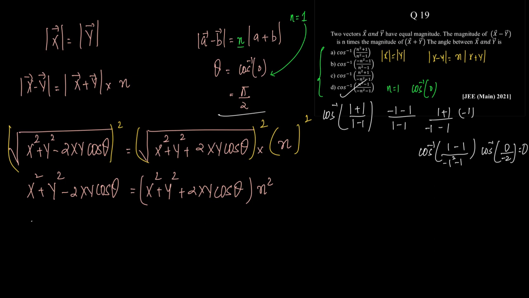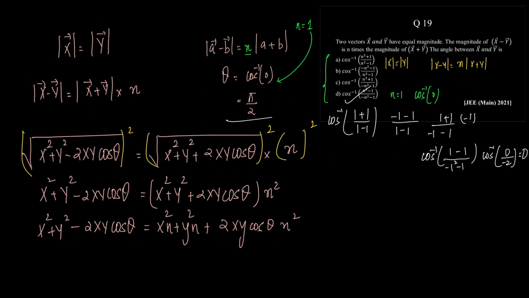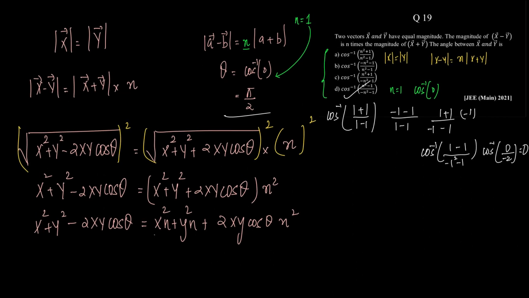In which case we can write this in detail as x square plus y square minus 2xy cos theta is equal to x square n square plus y square n square plus 2xy cos theta into n square. Now, I'll bring these terms to the LHS.